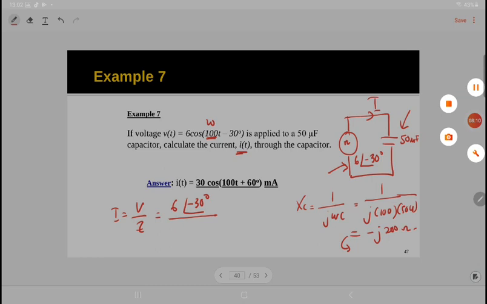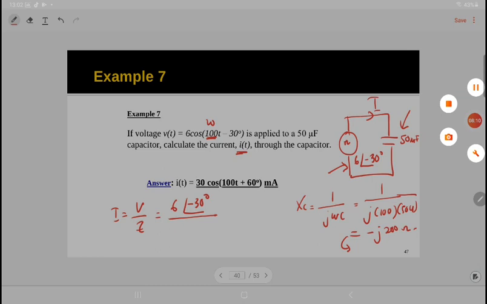So impedance is the ratio between the phasor voltage and the phasor current. Impedance also equals R plus jX, where R is your real part, usually consisting of resistance, and X is your imaginary part, which is the reactance. Reactance refers to either XL or XC.